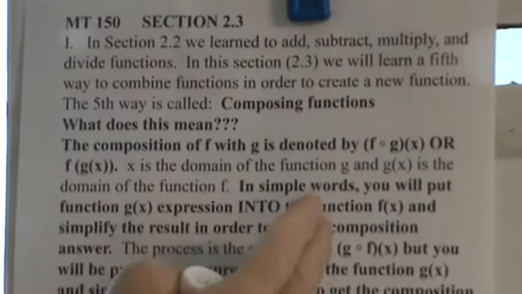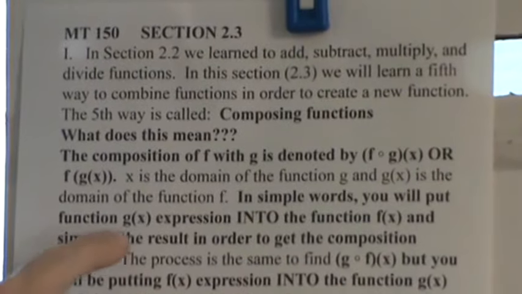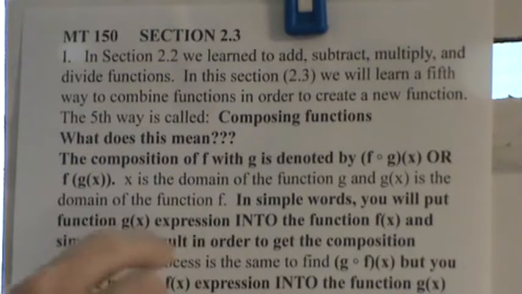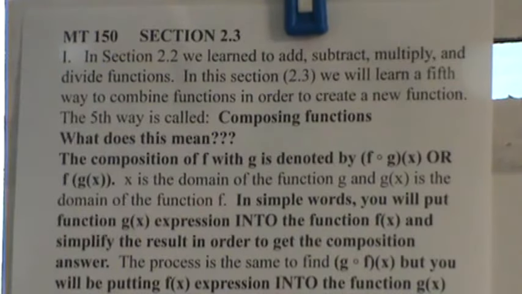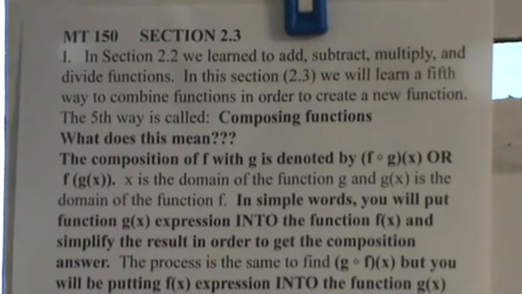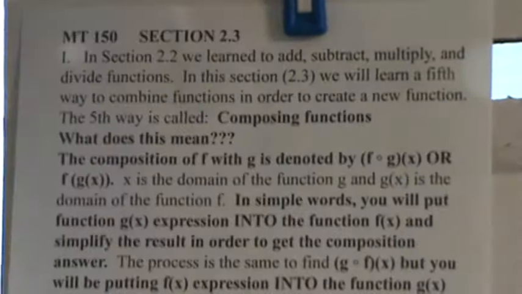In simple words, you're going to put the function g of x expression, little math problem, into the function f of x in place of x, and then just simplify that result to get your answer. And then of course they're going to ask you to do g of f of x, which is the same thing, just opposite. There's one more thing in this section which is called decomposing functions, but I'm not even going to talk about that until we get to it in the examples.